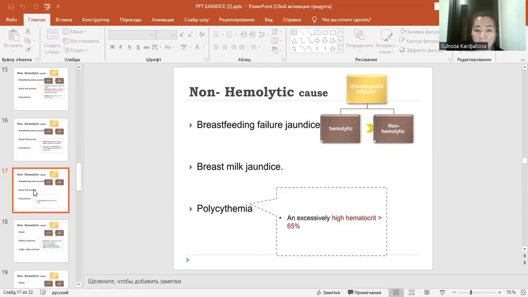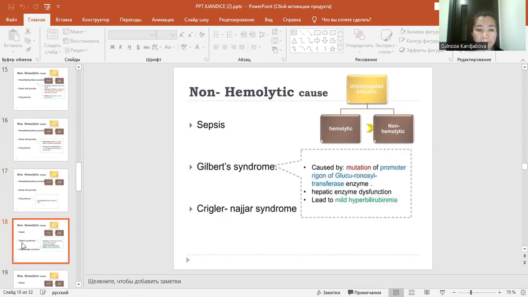Next, polycythemia, an excessively high hematocrit, it is above 65%. Then Gilbert syndrome, septic conditions, or Crigler-Najjar syndrome.